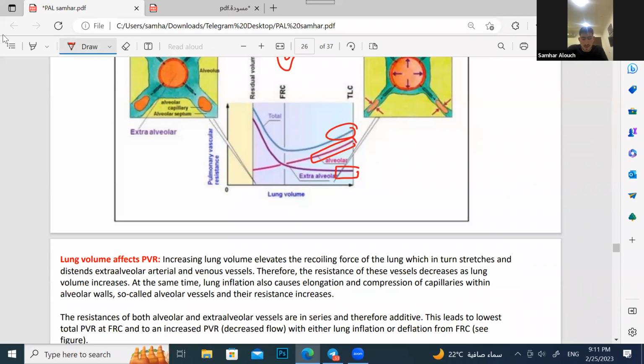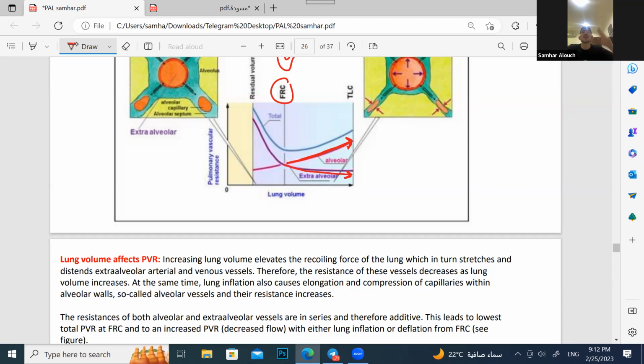So now what's happening? If at FRC I take a breath, the alveolar vessels will get compressed and their resistance will increase. But the extrapulmonary vessels, the pleura will stretch them and cause vasodilation, so their resistance will decrease.